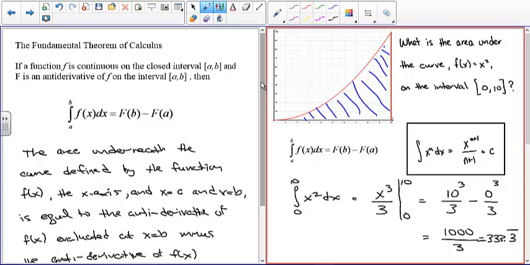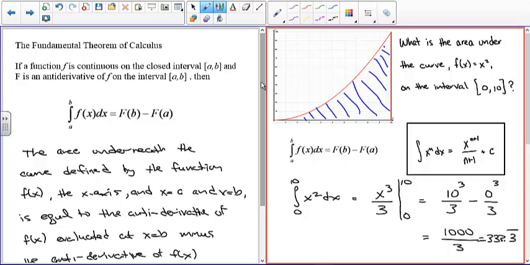So it can be any of the antiderivatives. Well, the only difference between the antiderivatives is the arbitrary constant c. So you'll notice that we don't have the arbitrary constant c anymore, and that's because no matter what the arbitrary constant is, it cancels out, because you're going to have the constant c when you evaluate the upper limit, and you're going to have the constant c when you evaluate the lower limit, and you'll have this minus that, and it disappears.